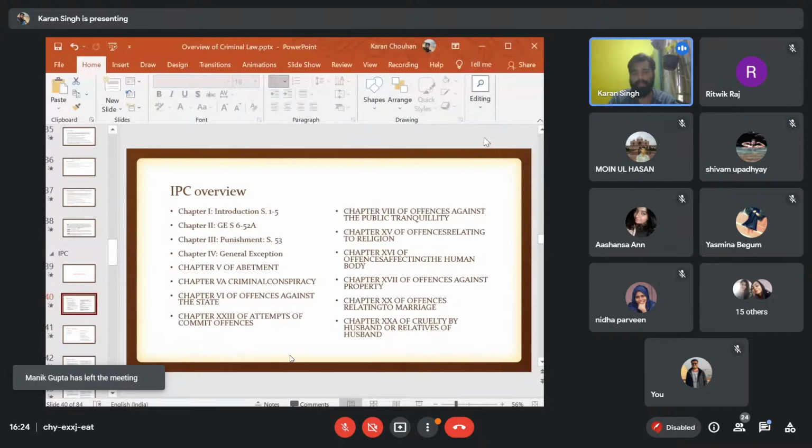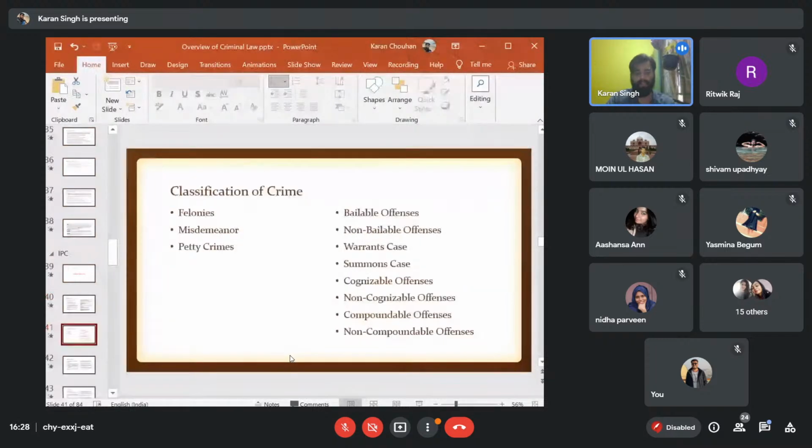What are petty crimes? Petty crimes are those where the punishment prescribed is not jail but rather a fine. So the nature of punishment is different in petty crimes. Nuisance could be one example of petty crimes. Wherever the punishment is a fine, those offenses would be considered petty crimes. It's a very simplistic way of looking at this classification of crimes.